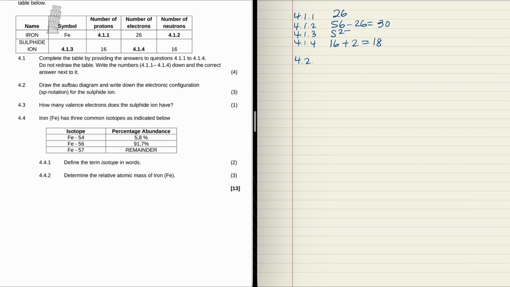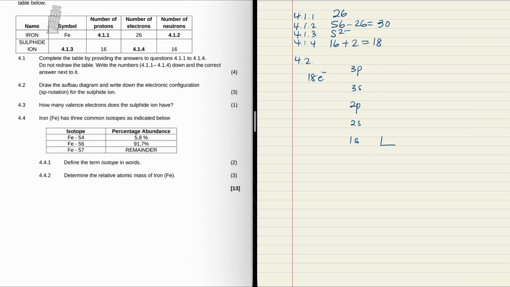Okay, so we have 18 electrons that we need to enter in. We'll start with 1s and make our way up: 1s, then 2s, then 2p, then 3s, then 3p.